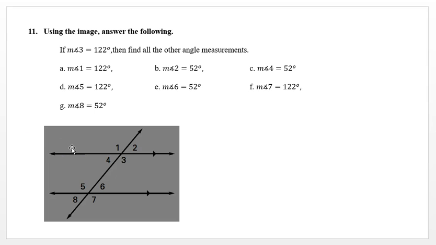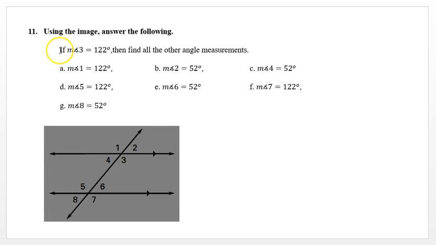Okay, to go along with the same figure, I ask you to use the same image. And since these two right here are parallel to each other, we have properties about parallel lines where several angles are congruent to each other or they are supplementary to each other.